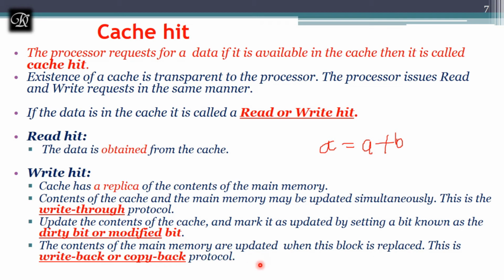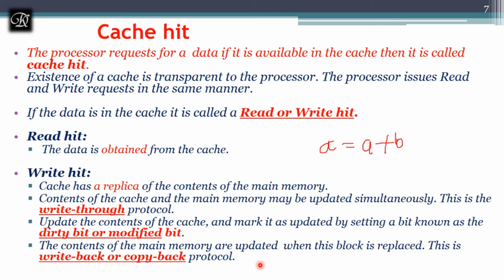So another solution for this is, let me update the value of a, that is 30, in the cache. Later I will update the value of a in the main memory, when I am interested in replacing it.